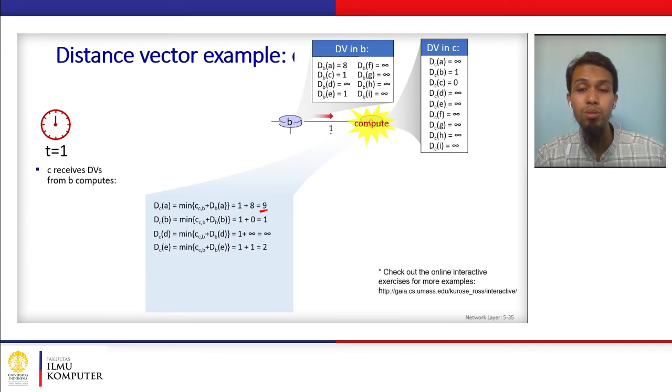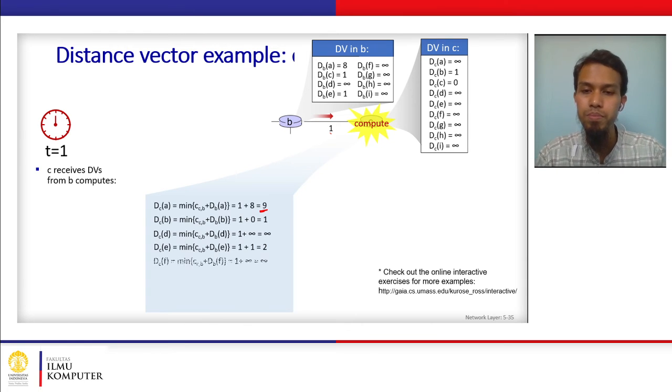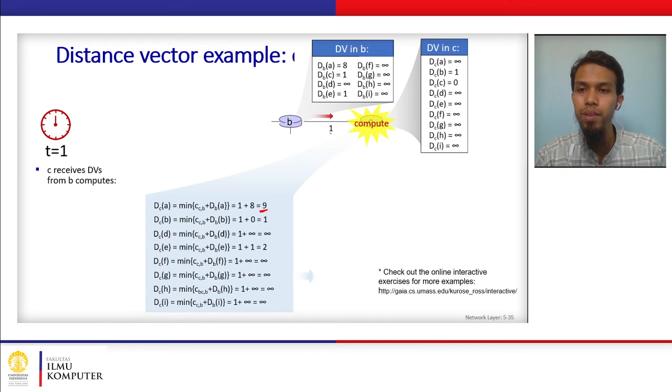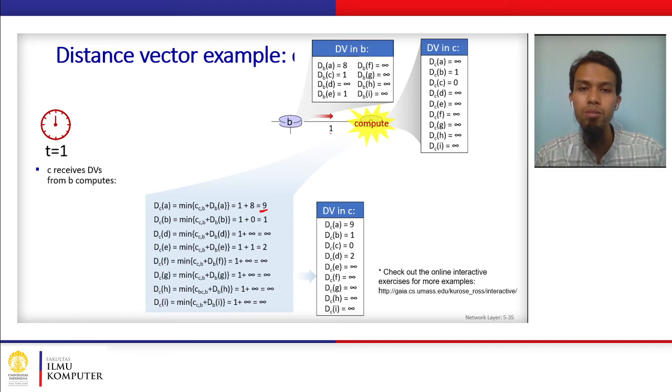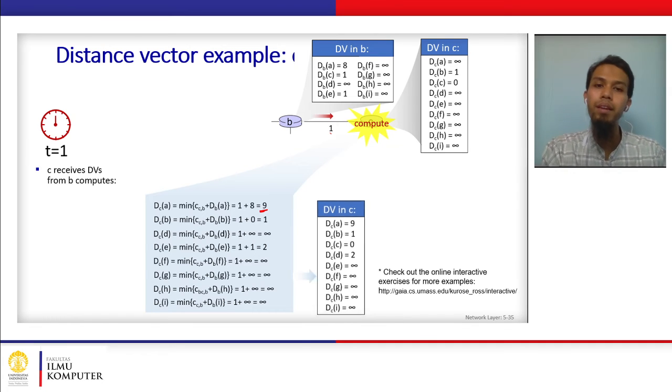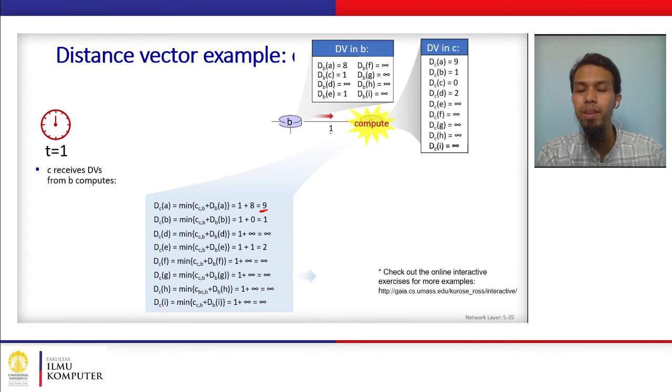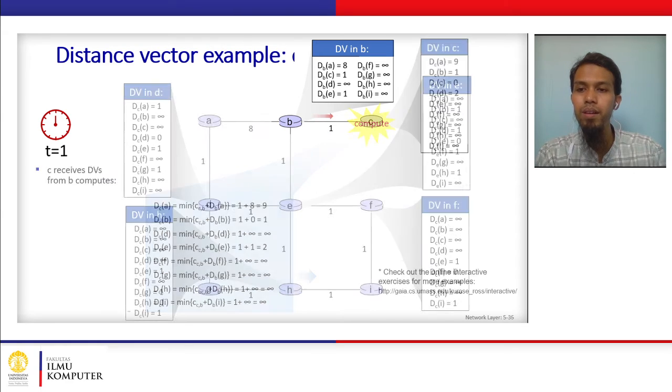Also the cost from C to E: because B has a direct path to E, the cost from C to B is 1, and the cost from B to E is also 1, so the cost from C to E equals 2, and all the other nodes are still infinity. Now this is the new distance vector in C.